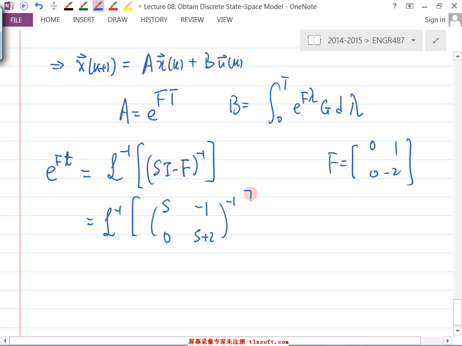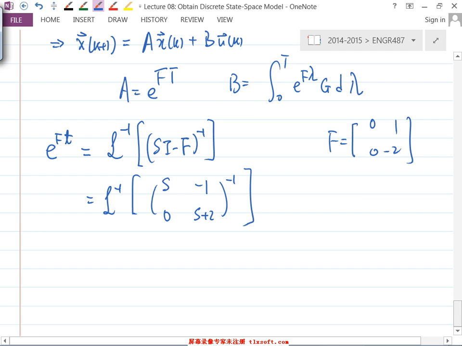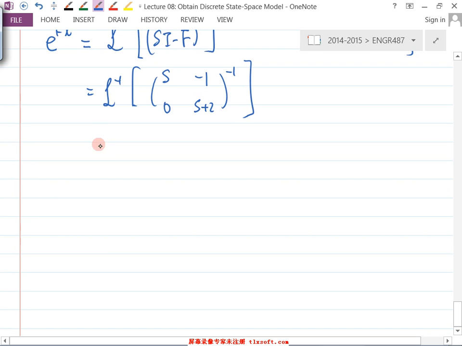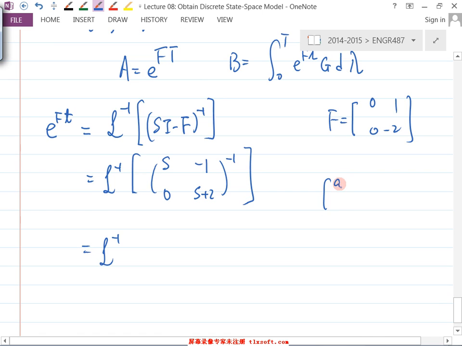Then inverse, right? This is a 2 by 2 matrix. The inverse of a 2 by 2 matrix, you should know that by heart, which is 1 over AD minus BC, and then D, A here, negative B, negative C, like that.